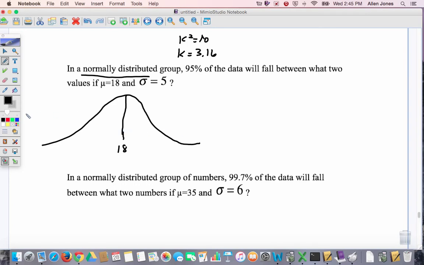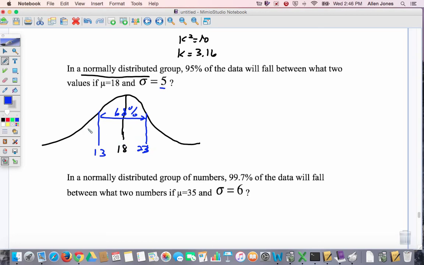In other words, 18, 50% of the values lie below 18, and 50% of the values lie above 18. If I go one standard deviation away, so I go 18 plus 5, or to 23, or I go 18 minus 5, down one standard deviation to 13, 68% are going to fall between those two numbers.